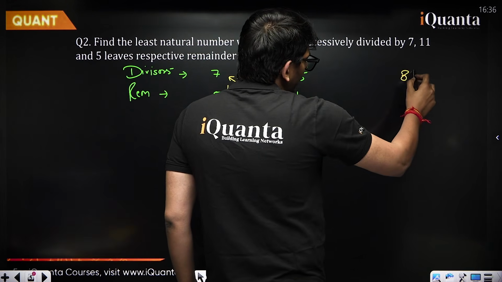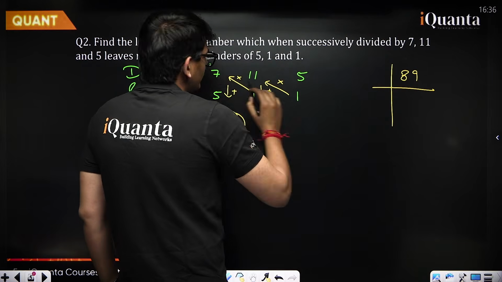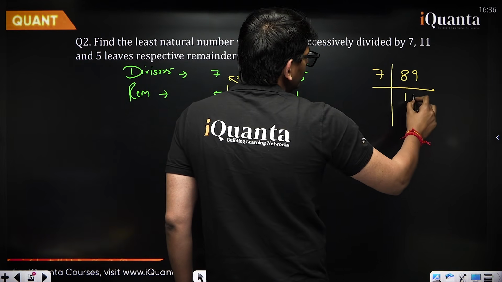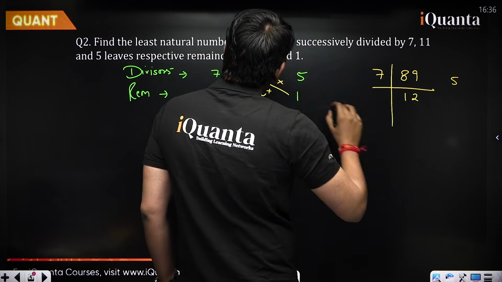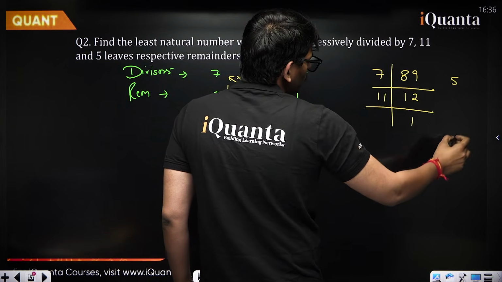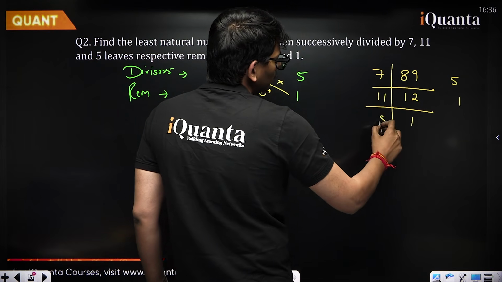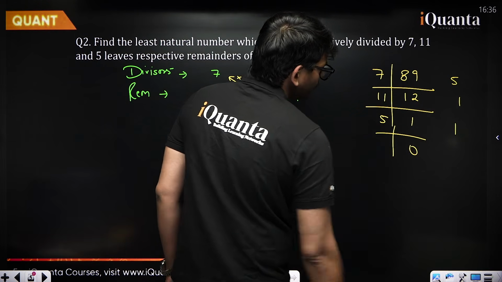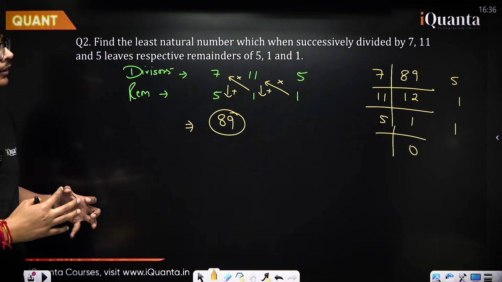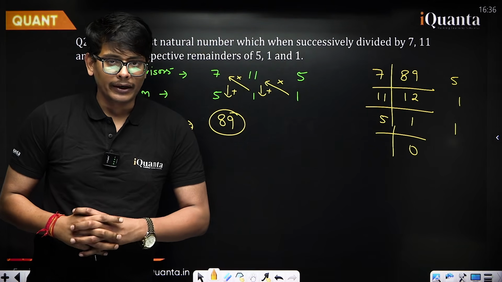Let's cross check also. So 7 12s are 84, 5 remainder. 11, 1 is your quotient, 1 is your remainder. 5, 0 is your quotient, 1 is remainder. You can cross check also, you are getting 5, 1, 1 as the respective remainders.